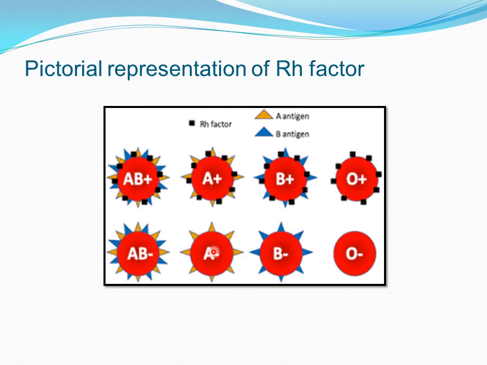In the A group, we can see only the A antigen. In the B negative group, we can see only the B antigen, but no Rh factor, as the Rh factor here is negative. Whereas O positive has no antigens but only the Rh factor on the surface, and in O negative, neither of the antigens is present on the surface.